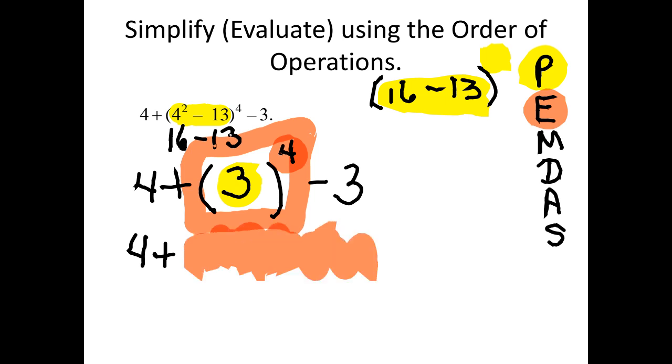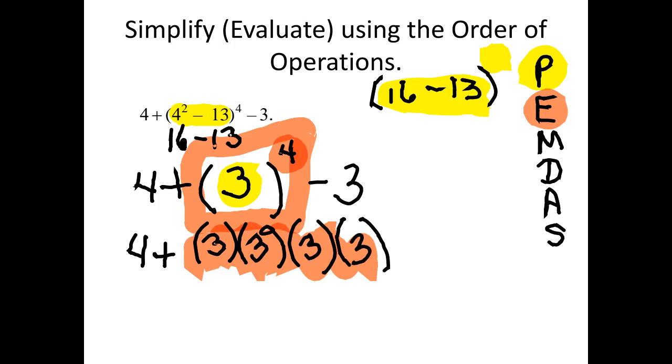I am going to write parentheses 3, parentheses 3, parentheses 3, parentheses 3, minus 4. This is repeated multiplication, which means I now have to multiply all of those together. 3 times 3 is 9, times 3 is 27, times 3 is 81.